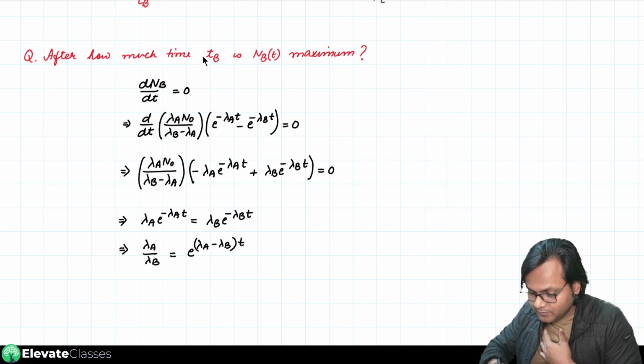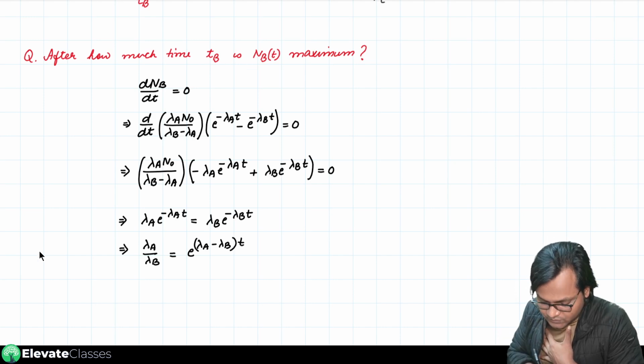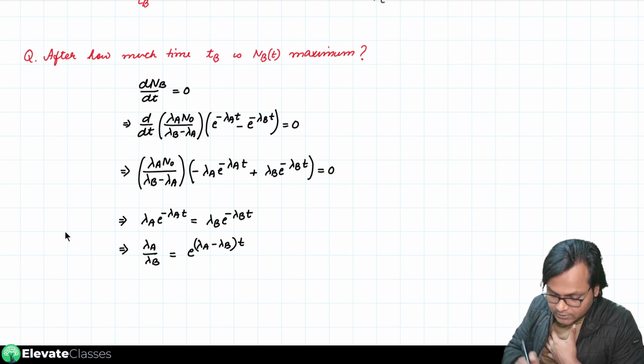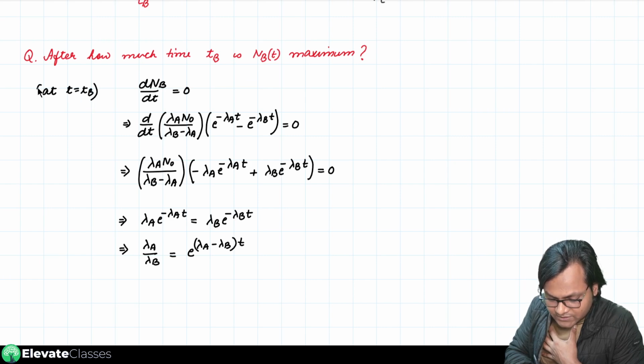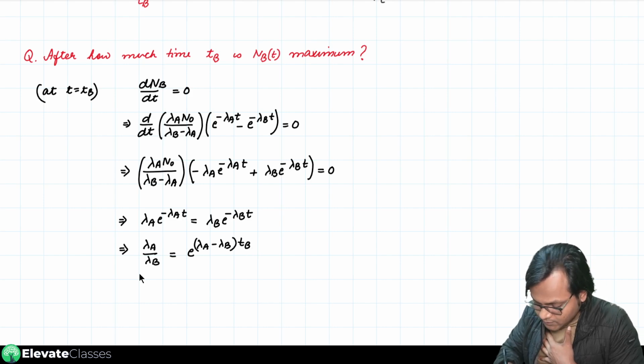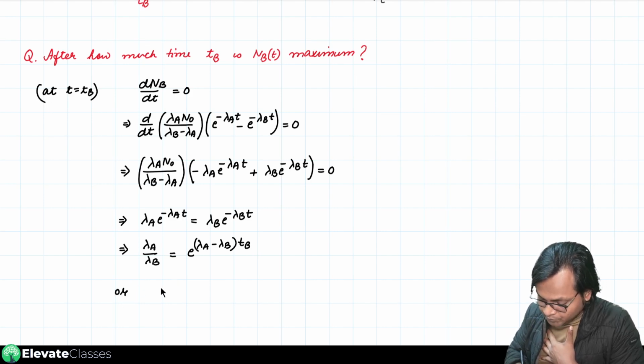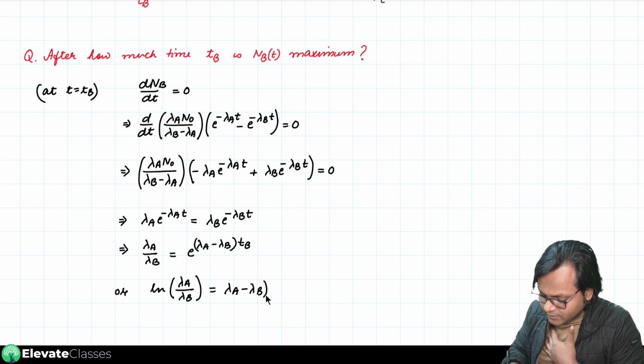So what is T here? T is TB, right? At T equal to TB, so I can just substitute TB here. So this is simply nothing but log of lambda A upon lambda B equal to lambda A minus lambda B times TB. Okay.